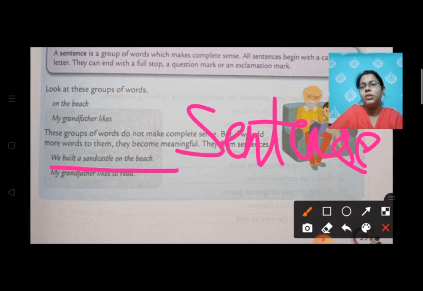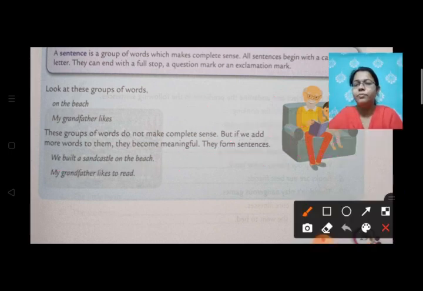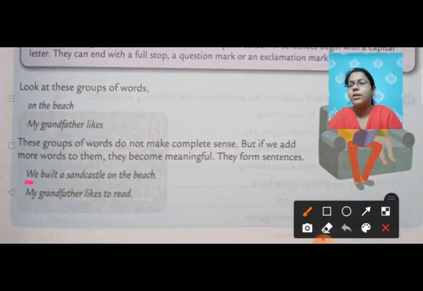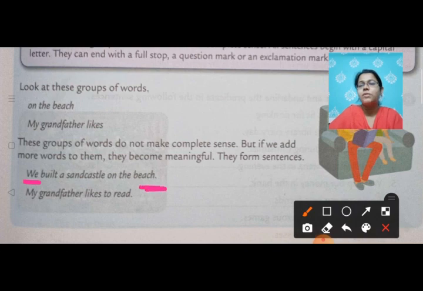Here if you see students, the first letter of the sentence, that is W, is capital because it's a sentence, so we have to start with a capital letter. And as it is a normal sentence, we end it with a punctuation mark, a full stop. In the same way, the second sentence, my grandfather likes to read.